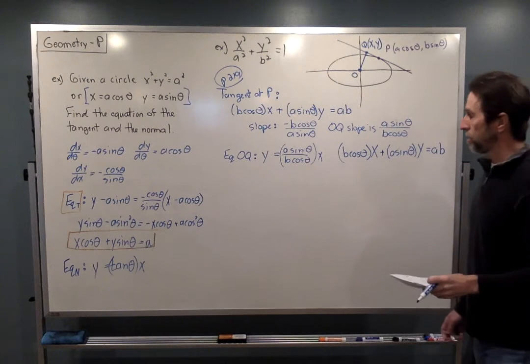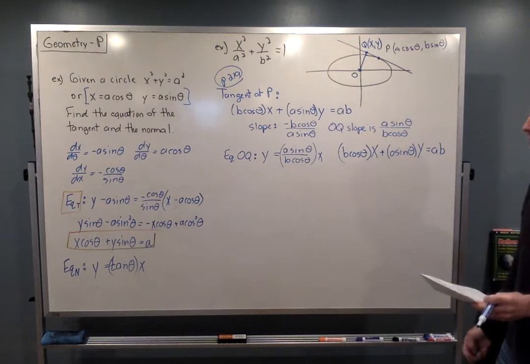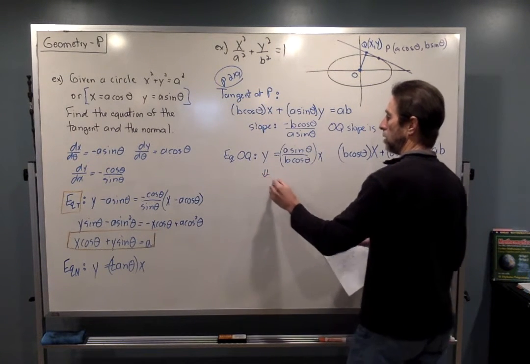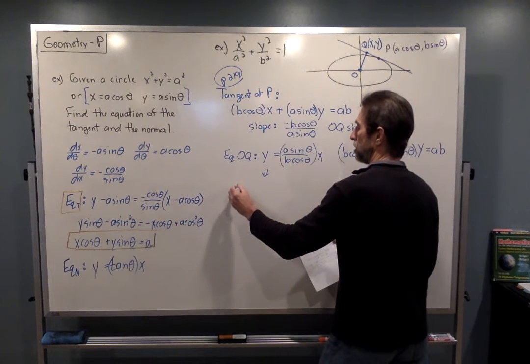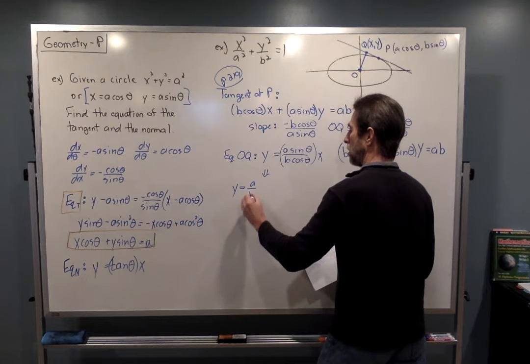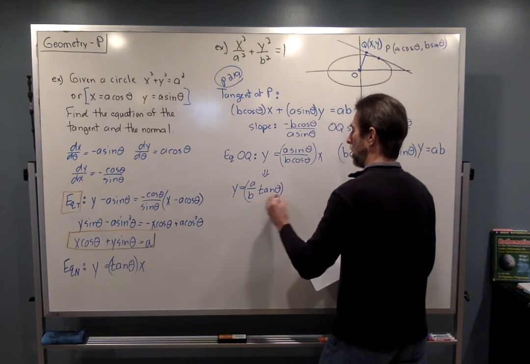Now the next part is to somehow try to solve this system of equations and put them into one. And the key is going to be working with this one first. I'm going to think of this as y equals a over b tangent theta x.